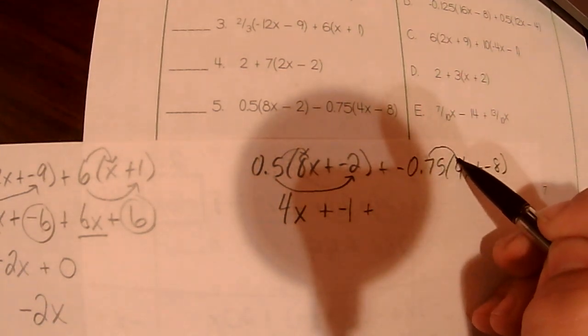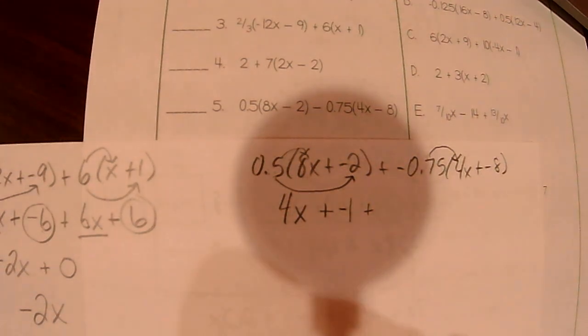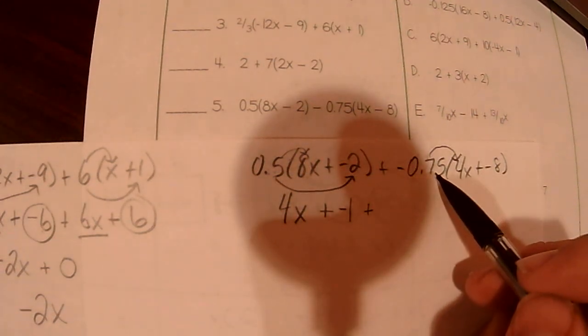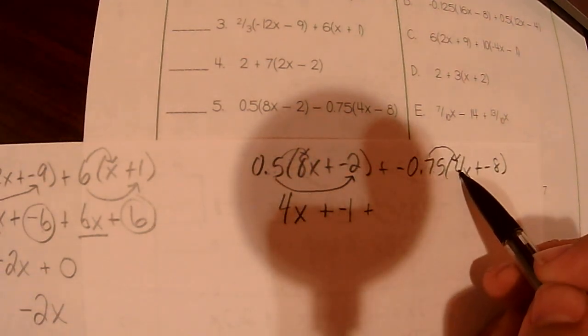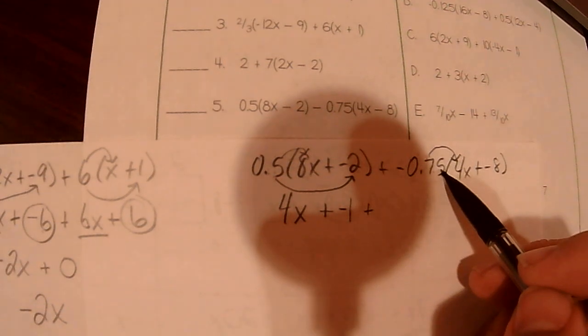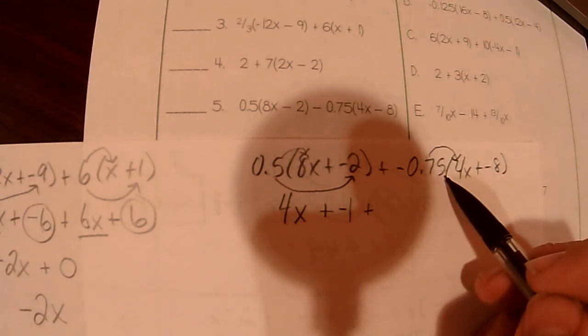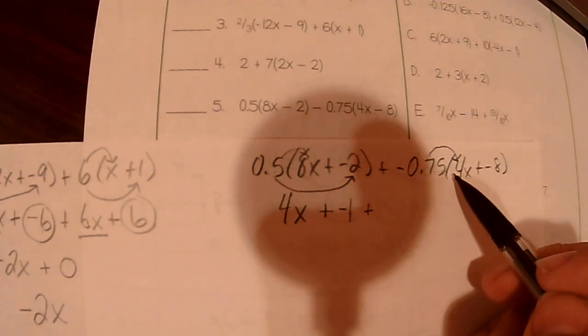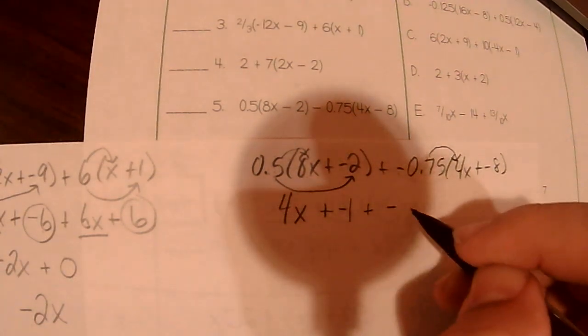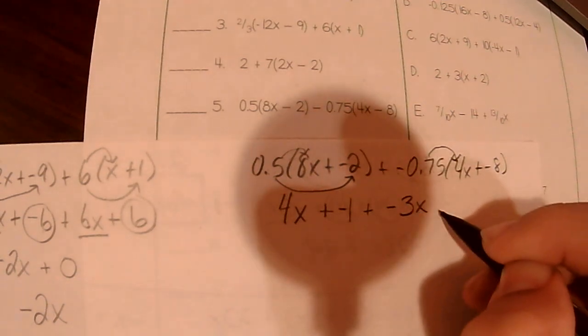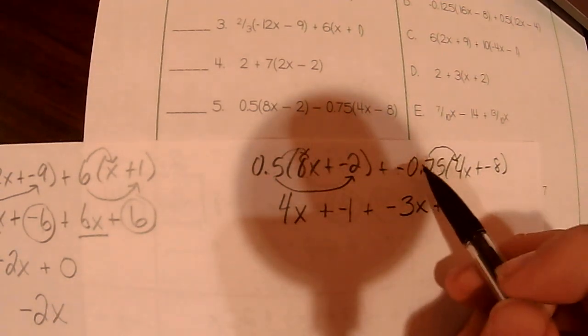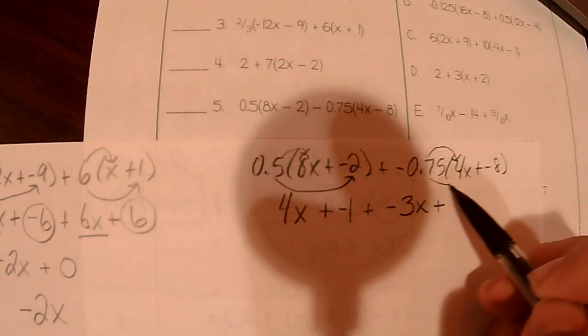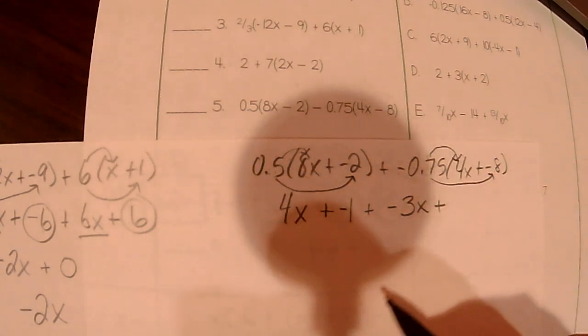So I have 0.75 times 4x. We can think of it as 75 times 4. Well, 75 times 4 is 300. But with 2 decimal places, that turns into a 3. And a negative times a positive makes a negative 3x plus, look, we have a negative times a negative. That makes a positive.